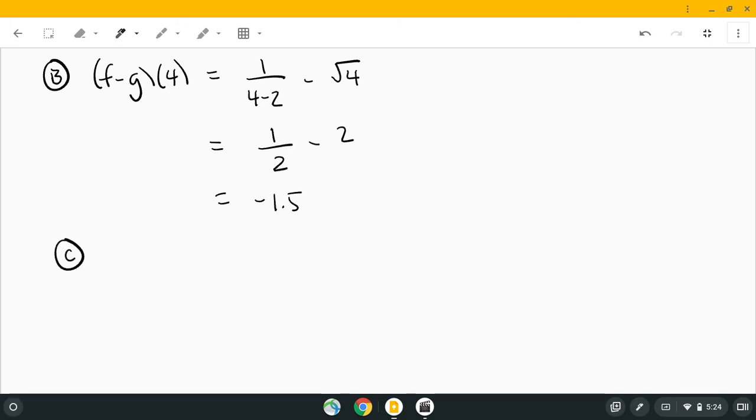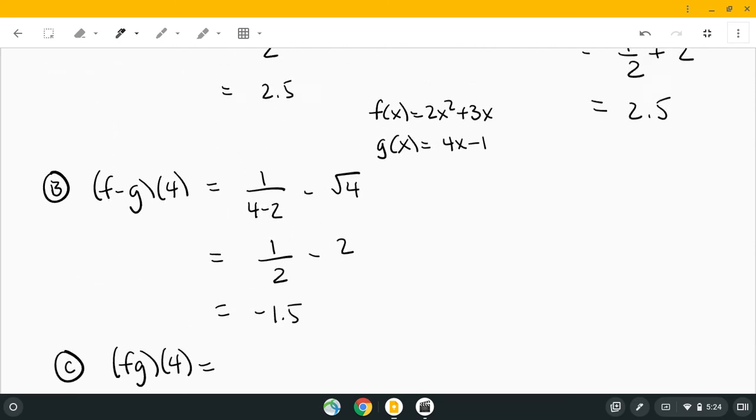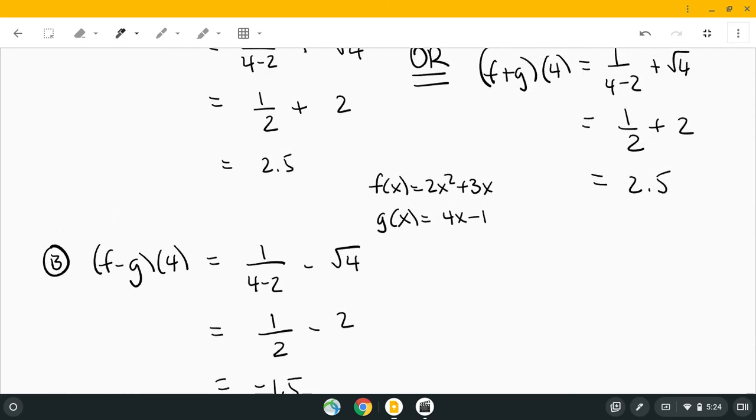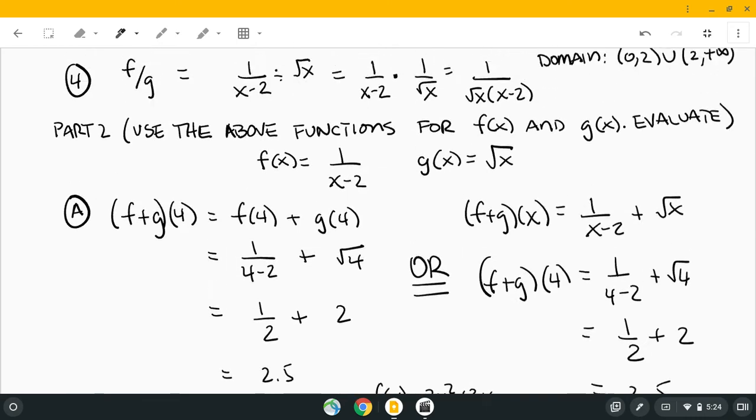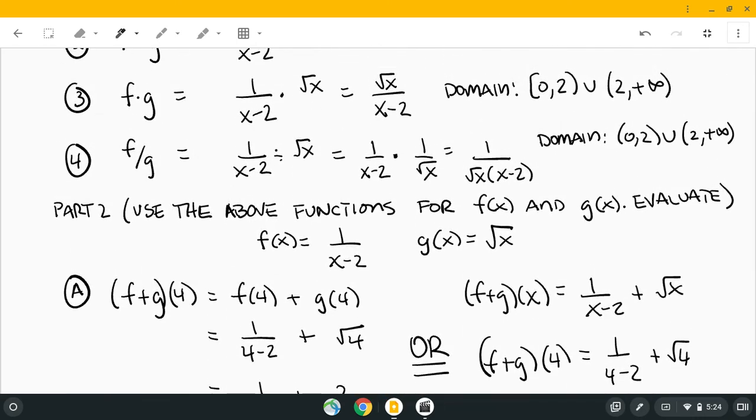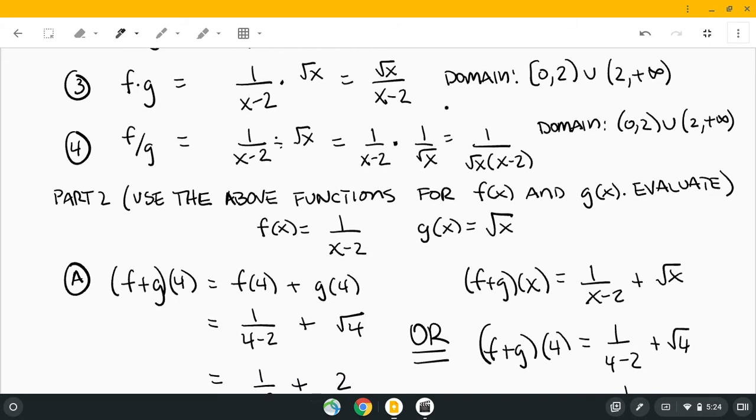And letter C, F times G of 4. So F times G, we already know what F times G is. That is up here. F times G is square root x over x minus 2.